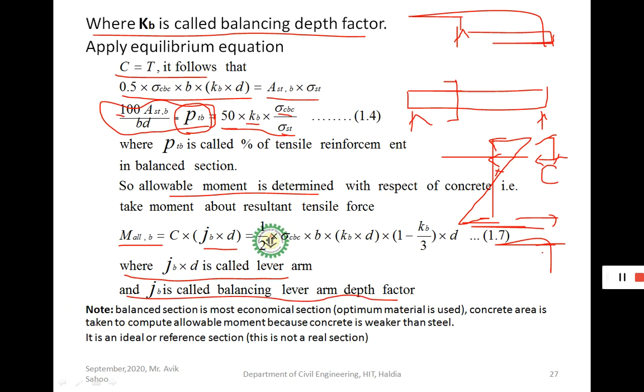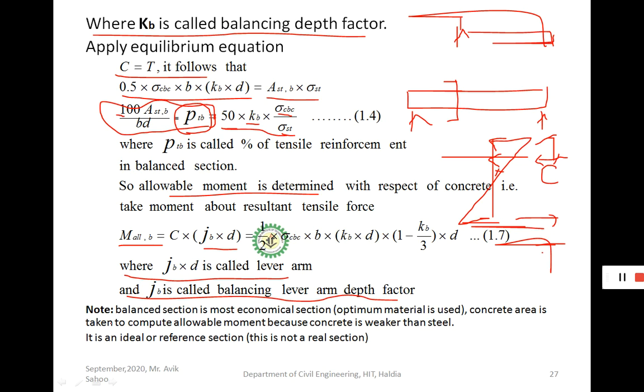Now one thing you note, that balanced section is the most economical section, because the optimum materials are used. So here under load, both materials reach the allowable stress, so that's why the optimum materials are used. Another point is that although both materials reach the allowable stress, we consider the concrete, because concrete is a weaker material than steel.